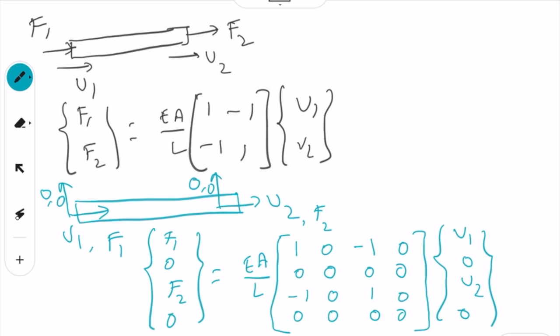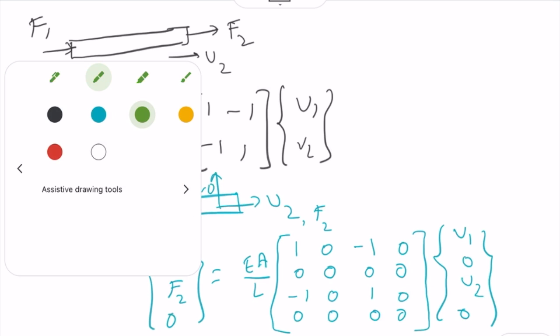So this system has 1 degree of freedom per node, this system has 2 degrees of freedom per node, but orientation exactly the same as the previous one. Now this is a transformation, we are transforming basically.